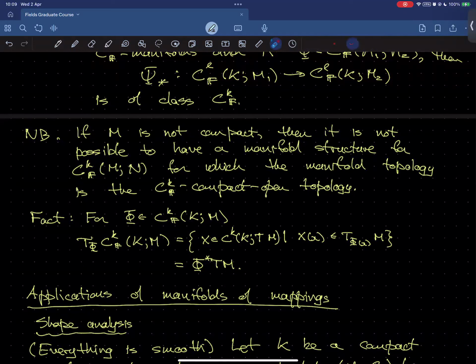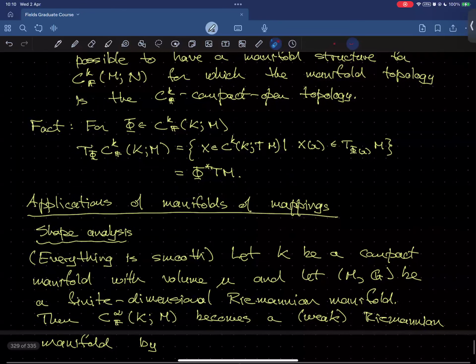The tangent space is canonically identified with the following set of mappings: the mappings of class C^K from K into TM with the property that the tangent vector in TM that gets assigned to a point x in K, that's X(x), is in the tangent space at the point phi(x) of M. If you go back and look at our definitions of pullback bundles, you see that the tangent space at phi is exactly identified with the pullback bundle.